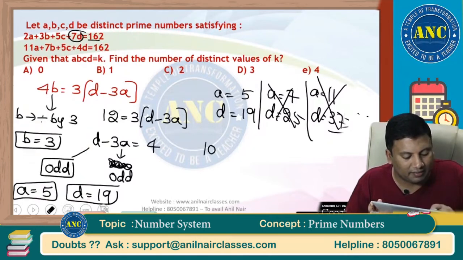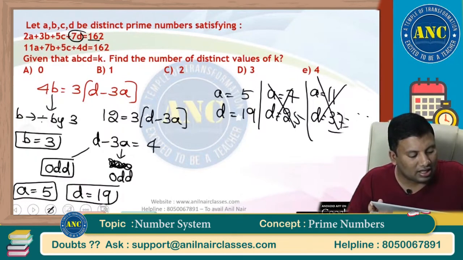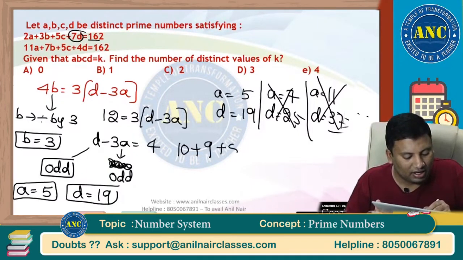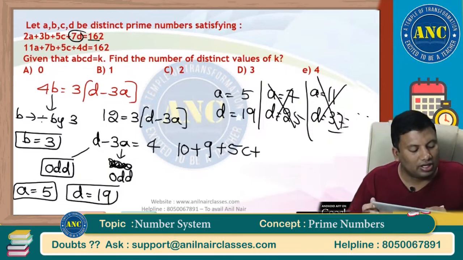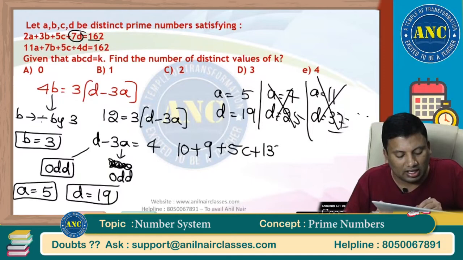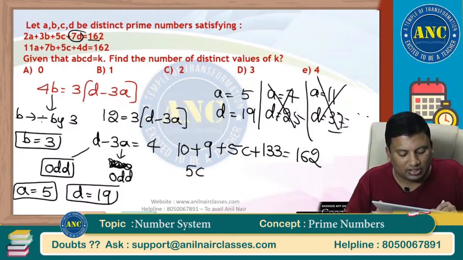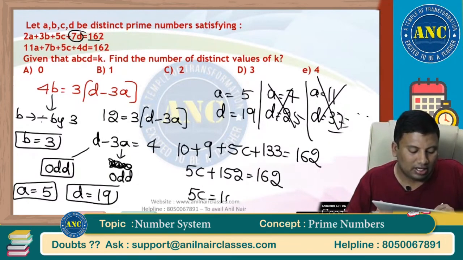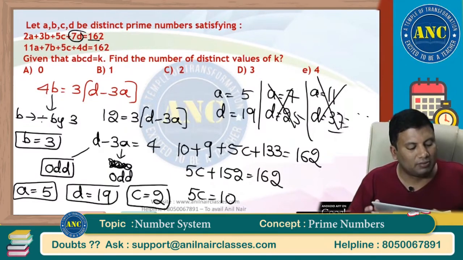I will write here, 2 5s are 10. 3 into B, 3 3s are 9. 5 into C, we require C. 7 into D, 7 into 19, which is 133, equivalent to 162. 5C plus 152 equivalent to 162. 5C equivalent to 10. C value is nothing but 2.